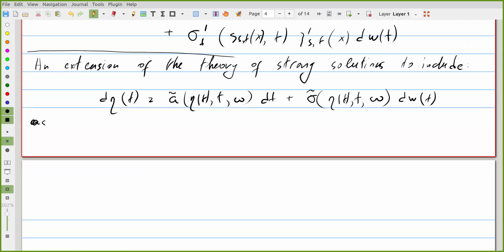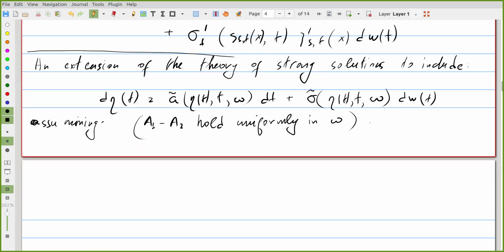Assuming our standard assumptions on the coefficients hold uniformly in ω with probability one. So they hold uniformly with respect to t. Uniformly in t, they also should hold uniformly in ω.